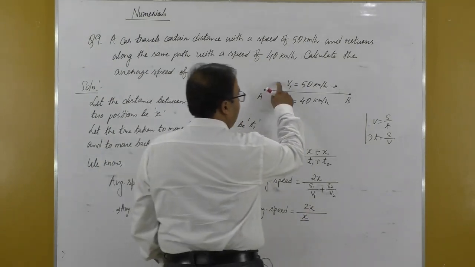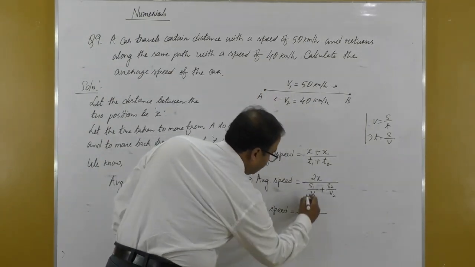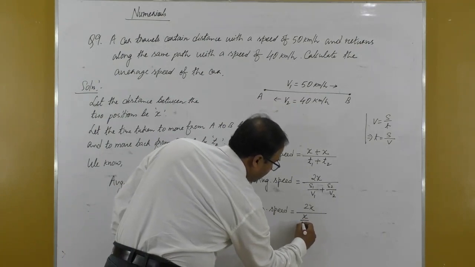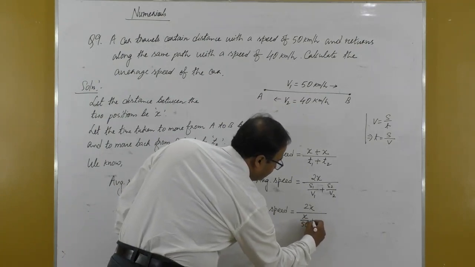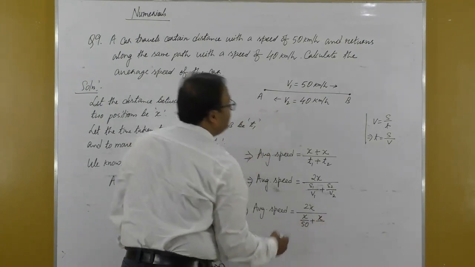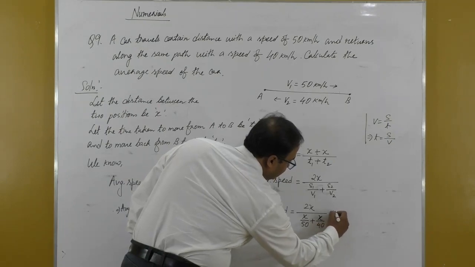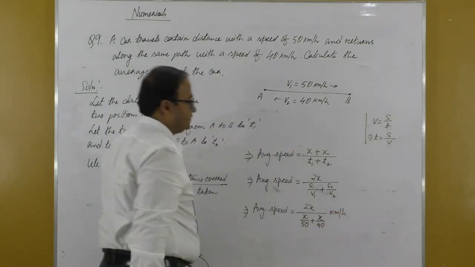For the first part, it is x by V1, which is 50. So we'll write x by 50 plus x by V2, where V2 is 40. And the unit will be kilometer per hour.